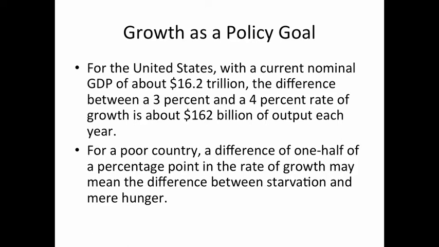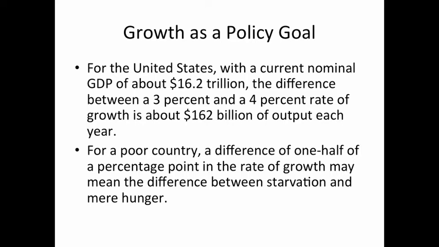So for the US, with a current nominal GDP of about $16 trillion, if we think about growing at, say, a 3% rate or a 4% rate, what's the difference? Again, it's just 1%. Well, the difference of 1%, though, when your base is $16.2 trillion, is $162 billion.